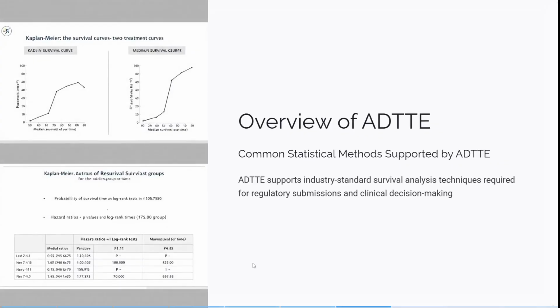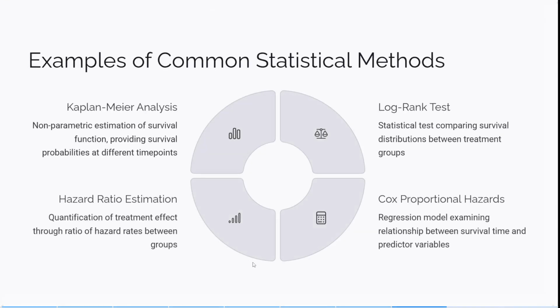The overview of ADTTE, the common statistical methods supported by ADTTE. ADTTE supports industry standard survival analysis techniques required for regulatory submission and clinical decision making. Examples of common statistical methods: Kaplan-Meier analysis, the non-parametric estimation of the survival function, providing survival probabilities at different time points.